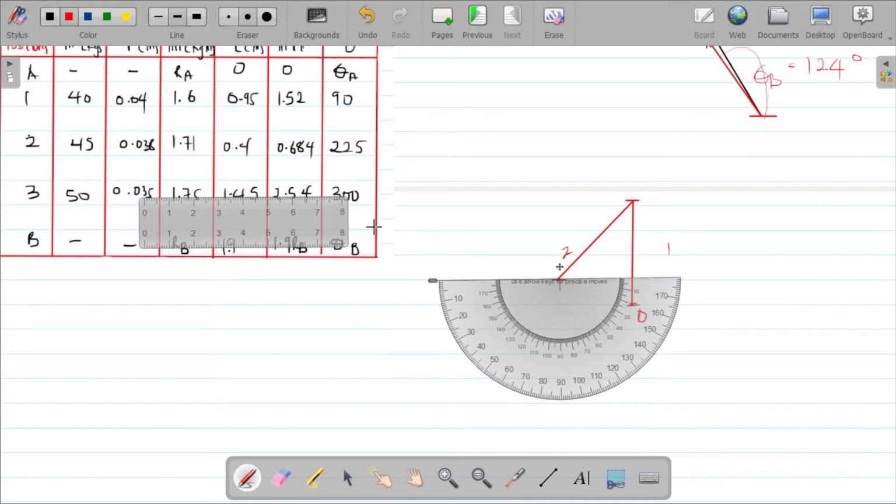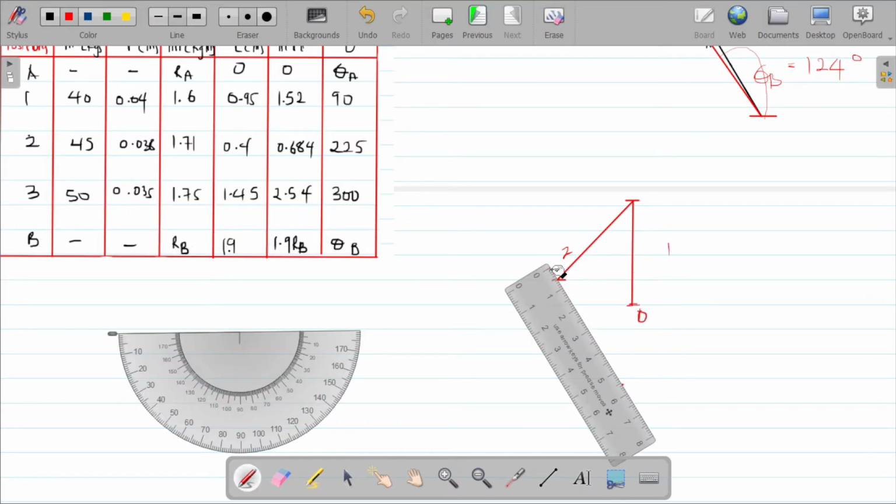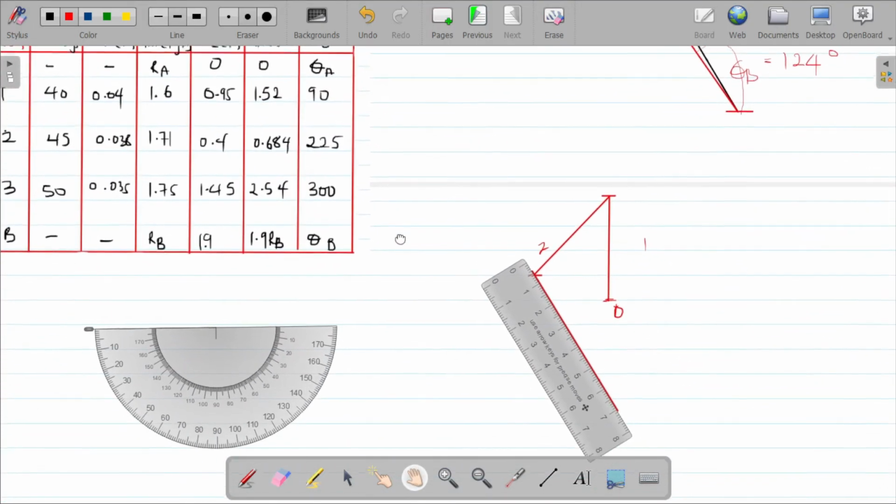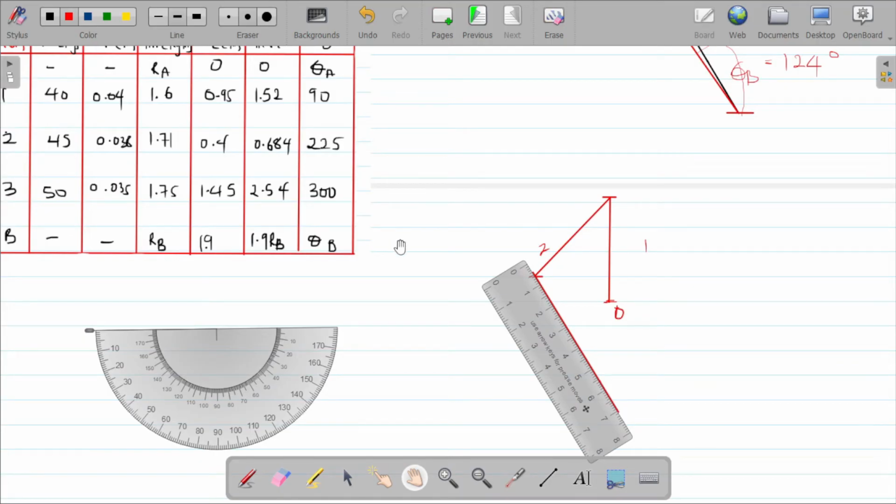3 is 300, right? So from here up to here is 180. We need 120 more, which is here. Okay, so with this, the magnitude is 1.75, so 2.6 times 1.75.